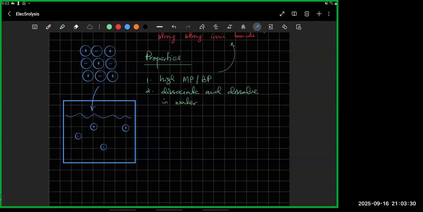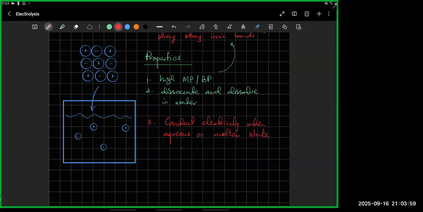Anyways, the next thing: remember we have to do electrolysis, so this is important. They dissociate in water and therefore they conduct electricity when they're in aqueous or molten state.